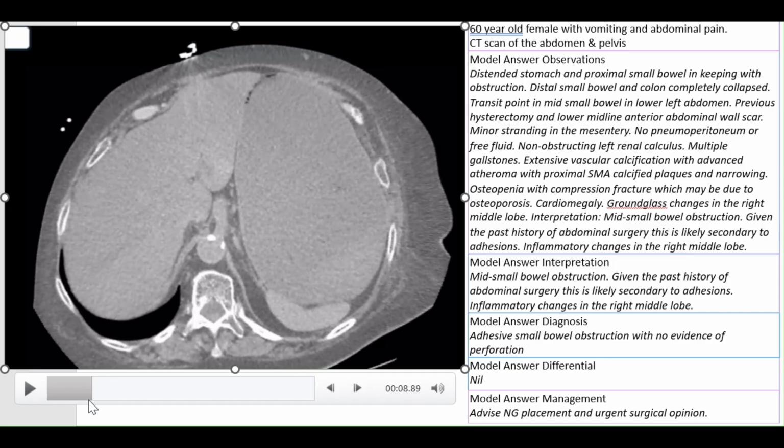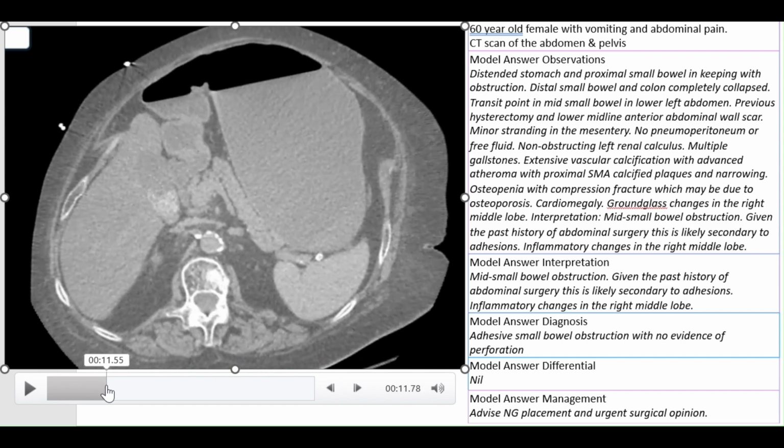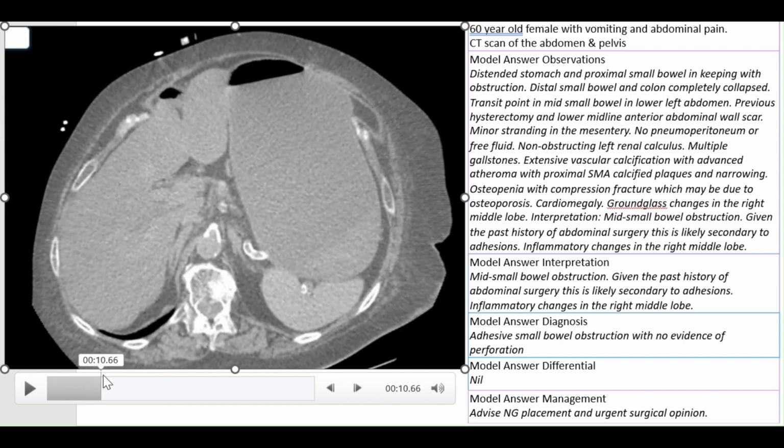This is the celiac trunk, and the celiac trunk has given the splenic artery. Can you see the extensive vascular calcification and the atheroma formation within the splenic artery?